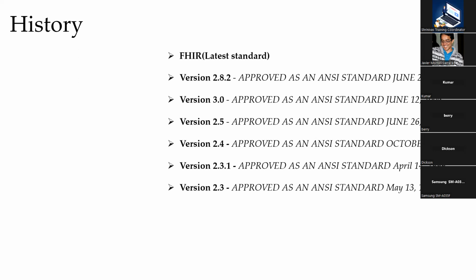There are many reasons. Out of them, a couple of main reasons: version 3 was a complete restructuring of the entire format that HL7 V2 had. V2 is version 2. V2 was in a different format altogether, and with the introduction of V3, the format completely changed. The structure, the concepts, everything got changed.